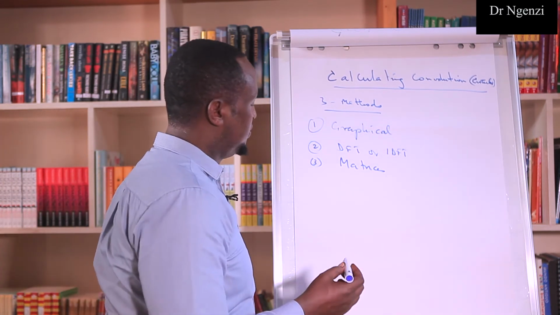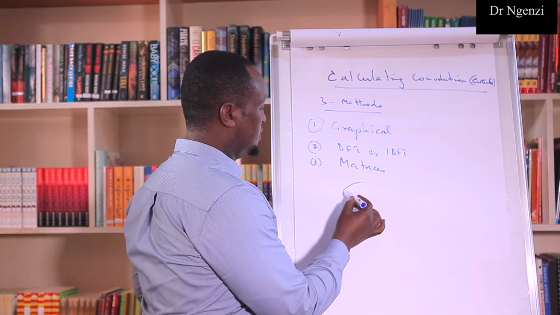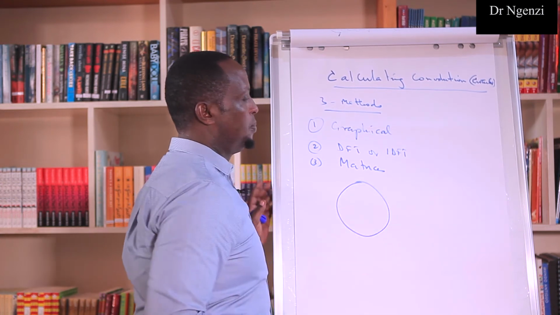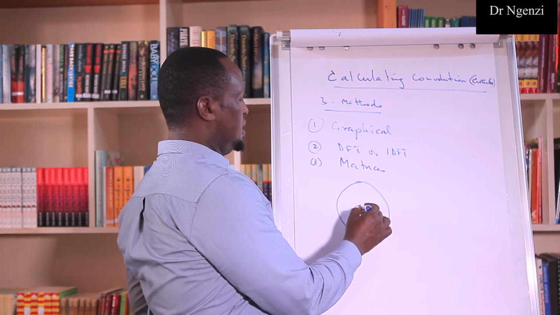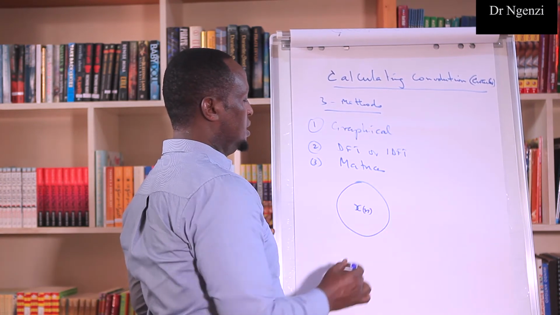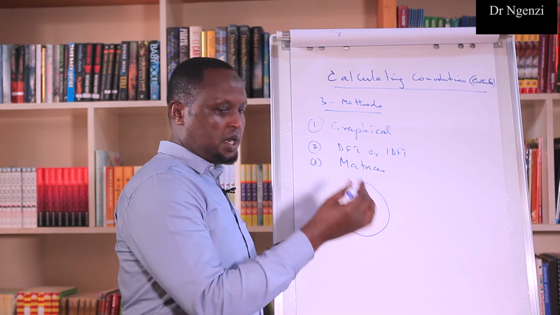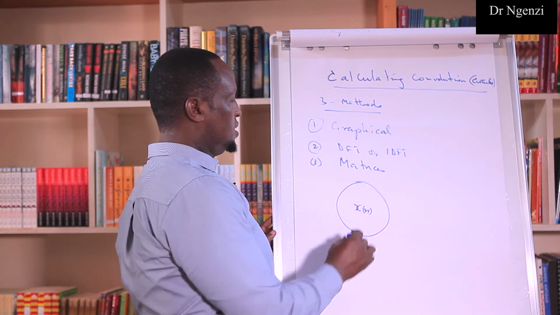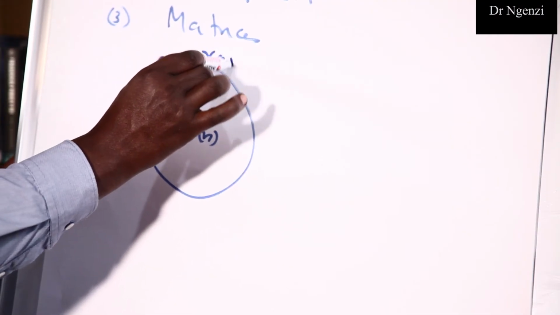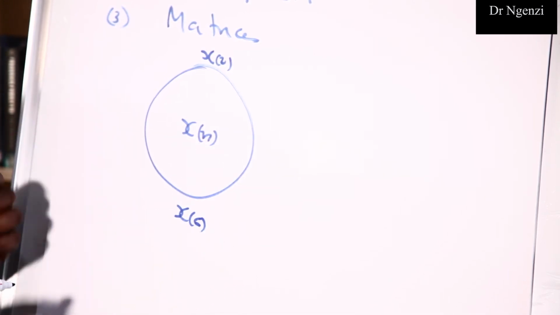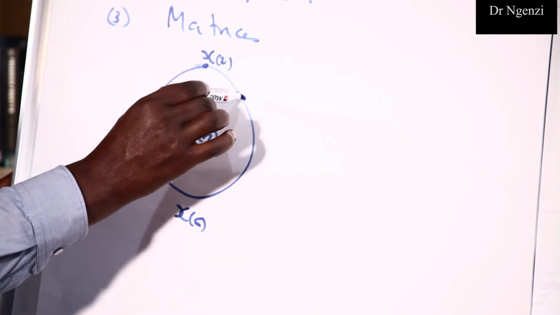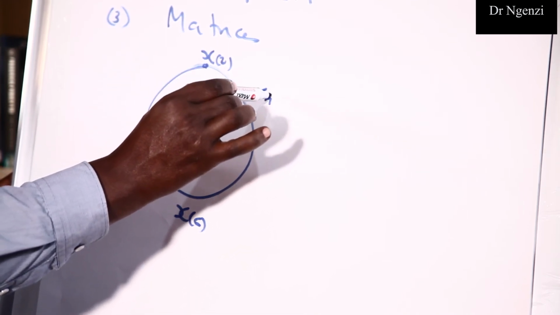For example, if we have a circular convolution of these values, with a point of origin and x of n in between, you can have numbers circulating around this point. This is x of 2, and if you have 6 values, this is x of 1.